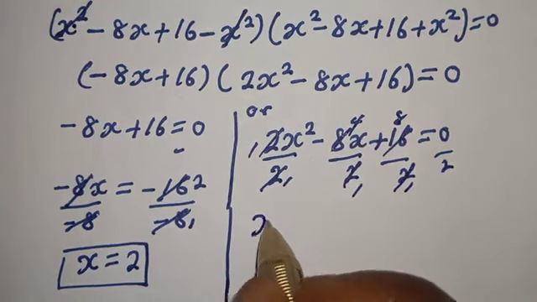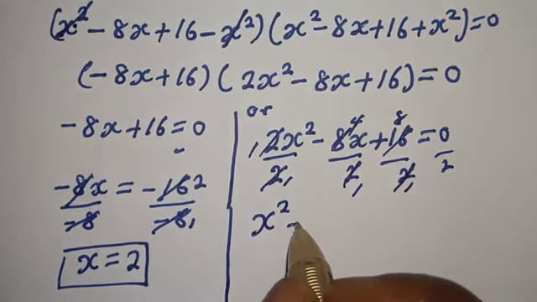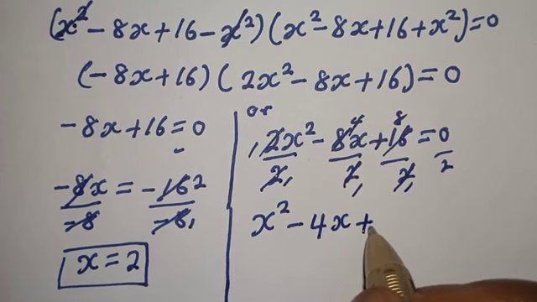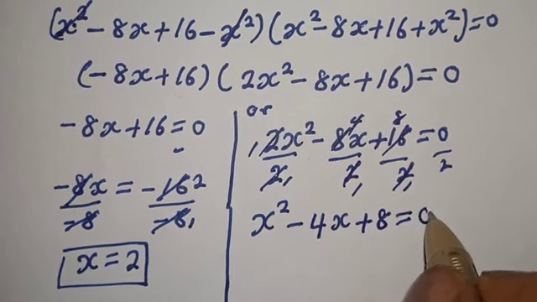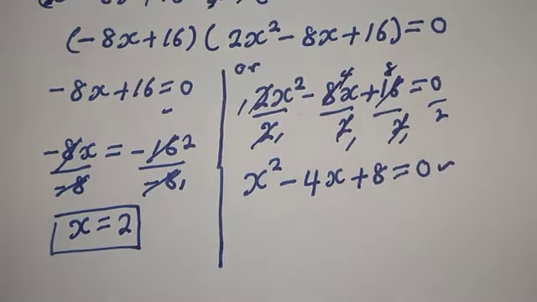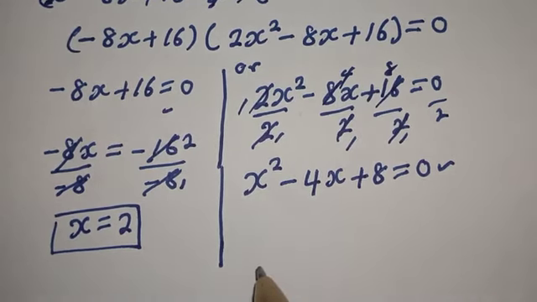So this is s^2 − 4s + 8 = 0. This is a quadratic equation in its reduced form, and this can be solved using the quadratic general formula.